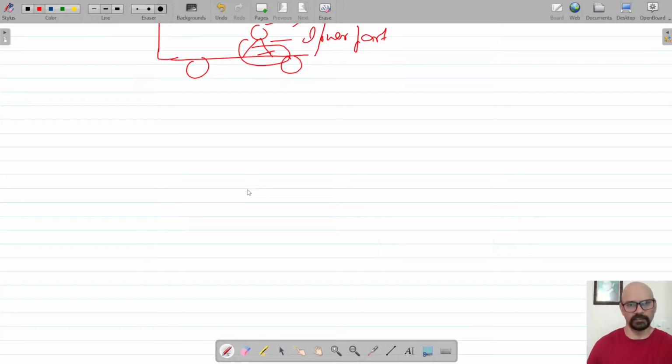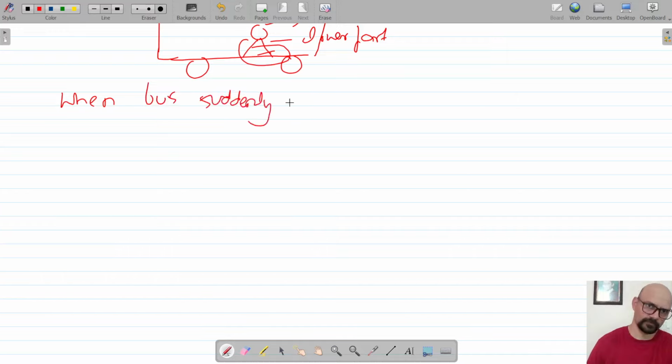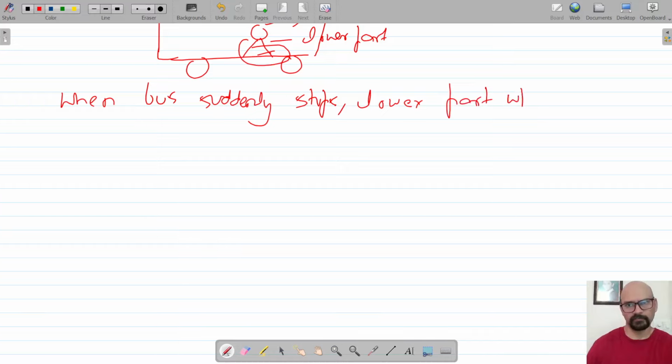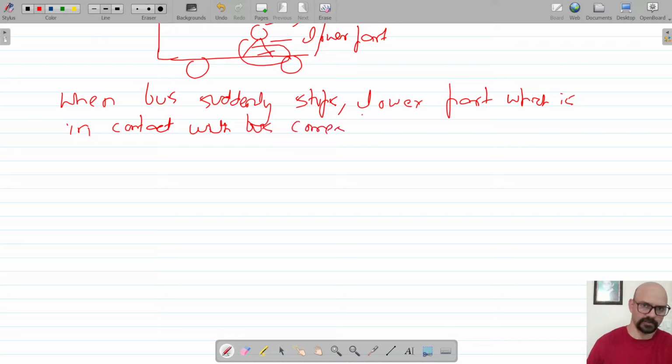So we can give the explanation that when a car or bus suddenly stops, the lower part which is in contact with the bus comes to rest.